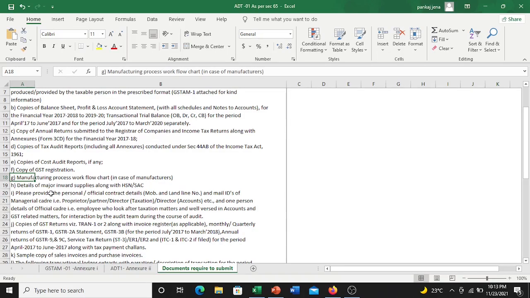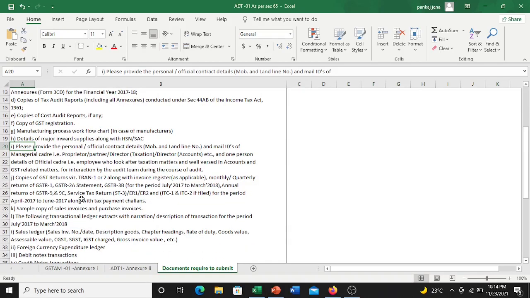Then major inwards, I think they will get the data from your input tracker if you are maintaining it, that will be handy. Then the personal office, whoever is dealing with the taxation data in your company, their contact number details, so they can discuss with that person if there is any other requirement regarding our GST audit.